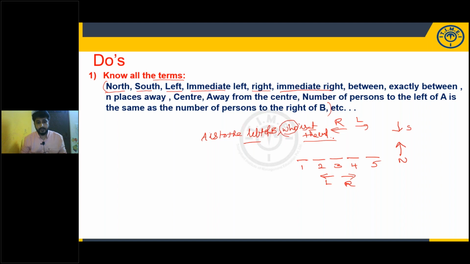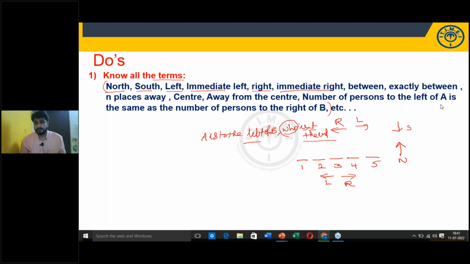Now tell me, when it is mentioned A is to the left of B, who is at the end? Could you please tell me what the positions of A and B are? Can you type? Can someone type what is the position of A and what is the position of B? No one?